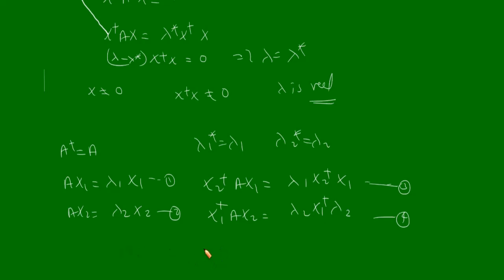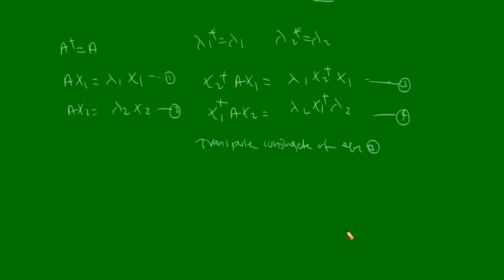Then take the transpose conjugate of equation 3. Or if you take the dagger, the adjoint, of this equation 3, the whole dagger, you will get (x2 dagger A x1) whole dagger is equal to (lambda 1 x2 dagger x1) whole dagger.